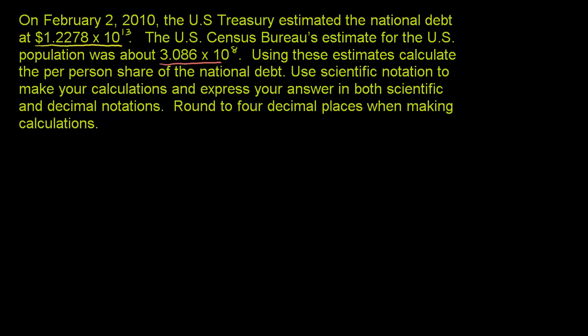So the total debt is 1.2278 times 10 to the 13th power. And we want to divide that by the total number of people, which is 3.086 times 10 to the 8th. And we could separate this into 2 division problems.